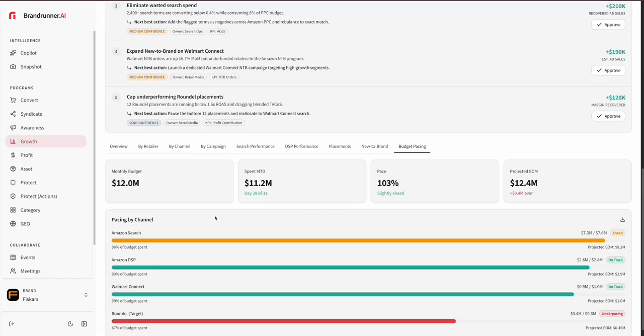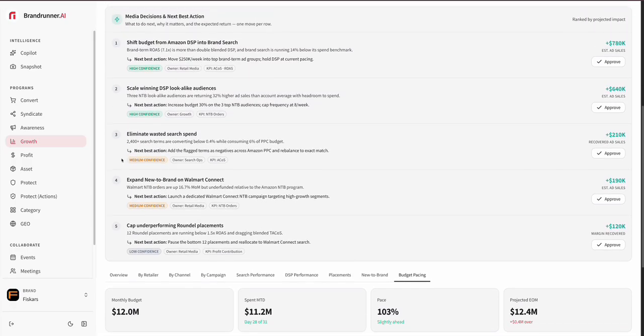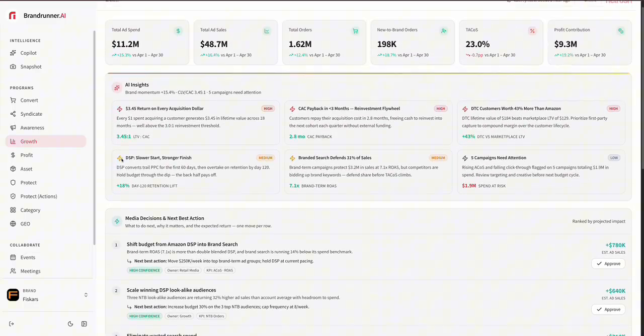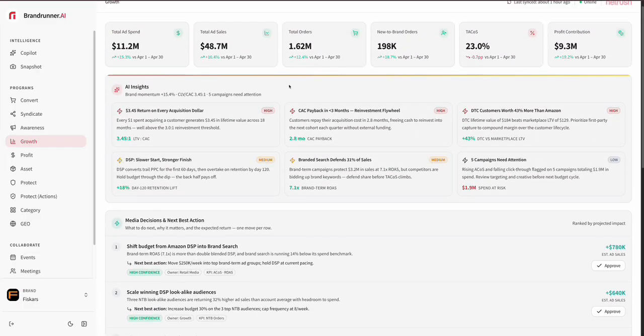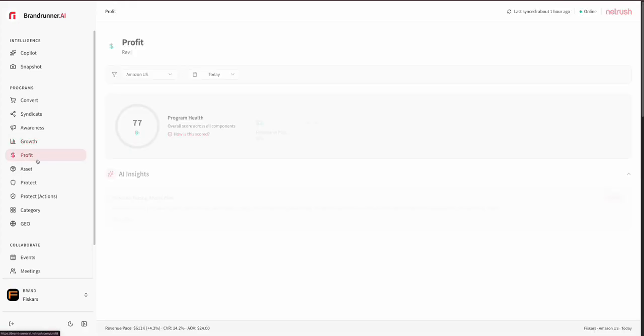Are we in line? Are we ahead? This allows media pilots to take action. The next best actions are pre-populated at the top. These are guides, but again, we would review actions in structured meetings, either weekly or biweekly, with partners to understand what the next best action should be and stay aligned.